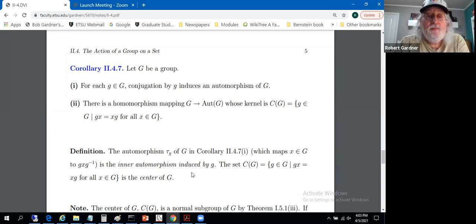And this permutation that we're going to introduce in part 1, this automorphism of group G, is referred to as the inner automorphism induced by element g.